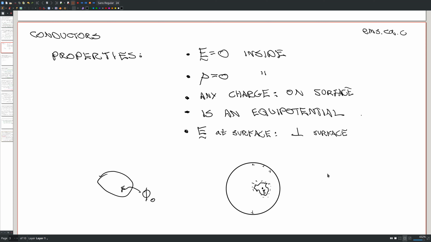The second one is quite easy because it's a conductor, but inside the conductor, outside the cavity, I also have a boundary value problem. Now I've got 2 boundaries, the outer one and the inner one. And on the inside, I've got yet another boundary value problem, because I've got this boundary here, and then I've got this thing here. So you can think of all these things as these different cases.